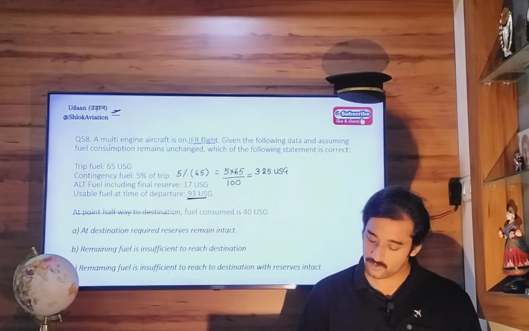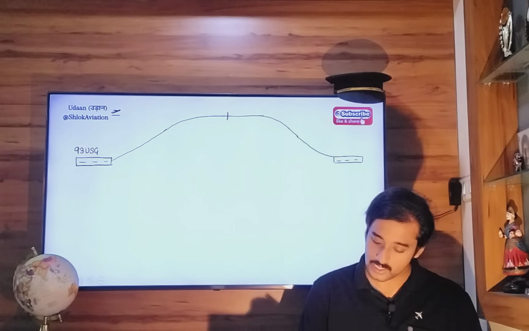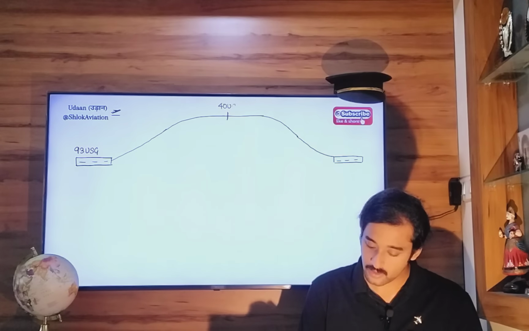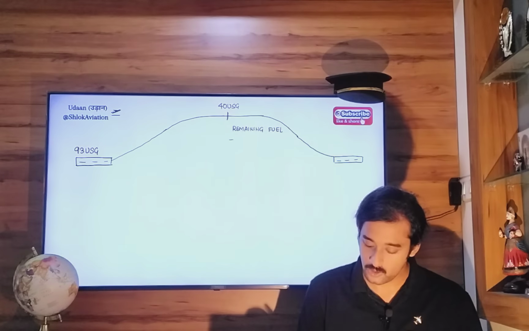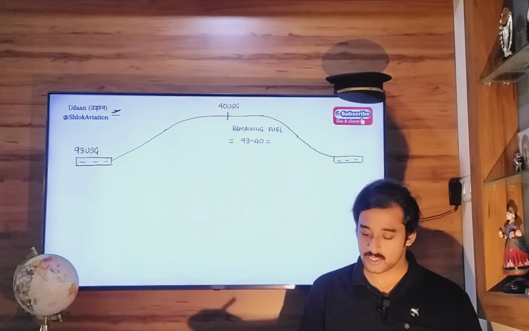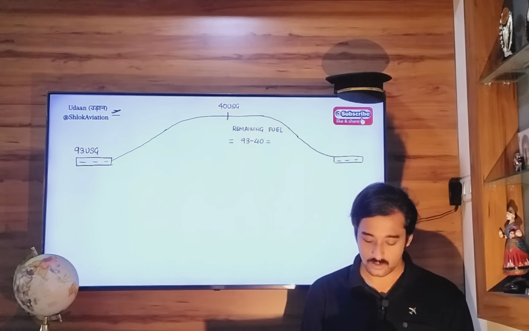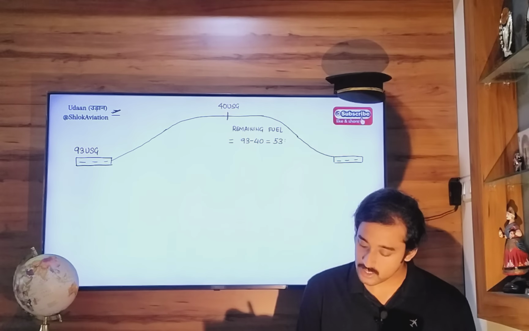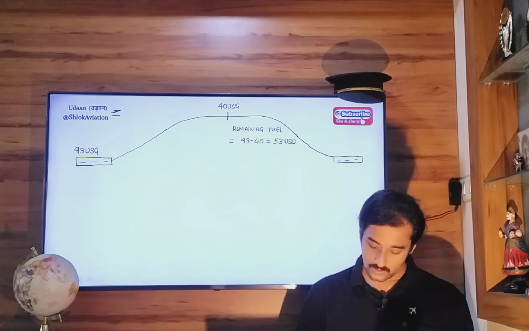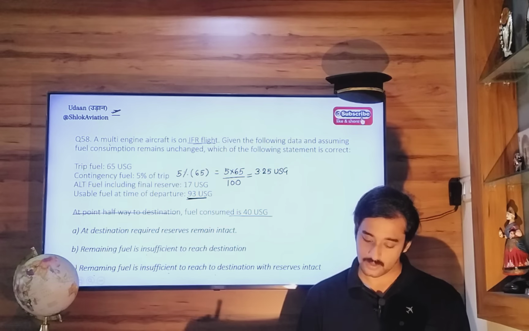Halfway to destination we have consumed 40 US gallon. So the remaining fuel is equal to 93 minus 40, that is 53 US gallon.